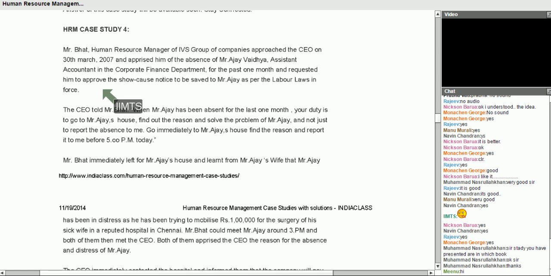How many of you understood this first paragraph? Miss Meenu has joined. Good evening, welcome to the class and thank you for attending.